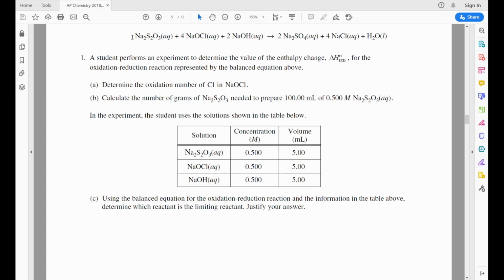In this reaction, let's say for each coefficient, so like there's an implied 1 here, it'll use 1 milliliter. So it uses 1 milliliter of this, 4 milliliters of the sodium hypochlorite, and 2 milliliters of the sodium hydroxide per run. We only have 5 milliliters each, so in the first run through we use 1 milliliter of the sodium thiosulfate, 4 milliliters of the sodium hypochlorite and 2 milliliters of the sodium hydroxide, leaving us with 4 milliliters of the sodium thiosulfate, 1 milliliter of the sodium hypochlorite, and 3 milliliters of the sodium hydroxide.